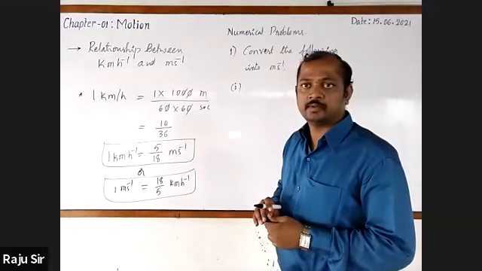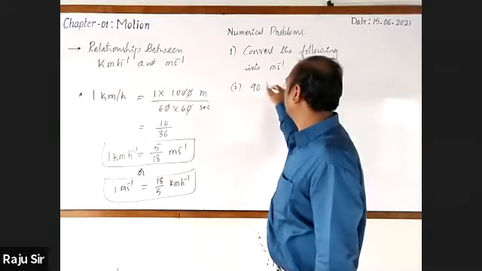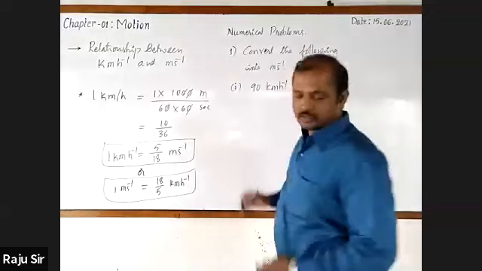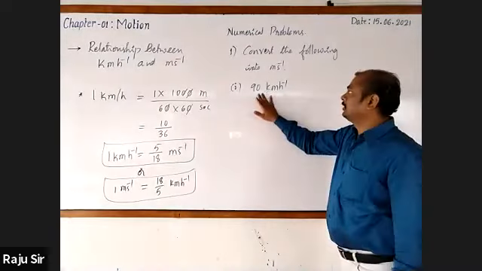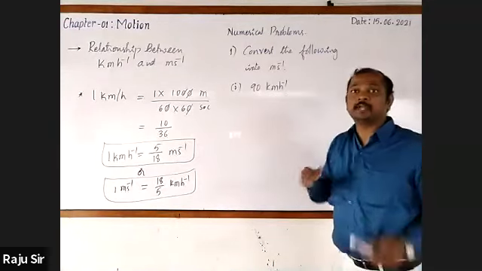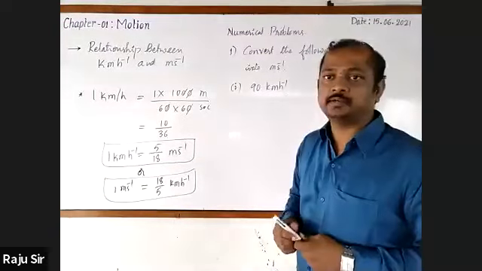First one is 90 kilometers per hour. Assume that a bus is moving with a speed of 90 kilometers per hour. It should be expressed in meter per second.